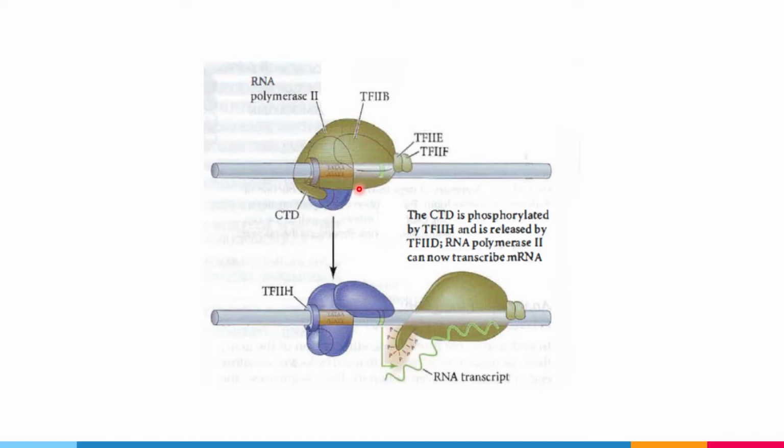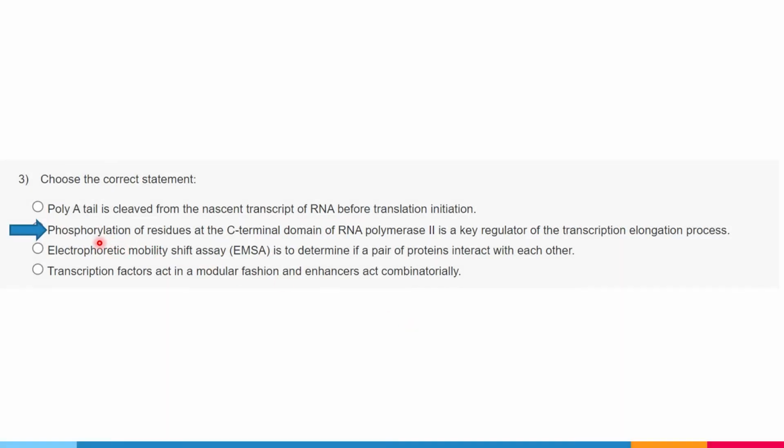As in a race, the runner was ready and in position to run, and this was the start signal which allows it to go ahead and start the run, and now the elongation phase will start. Thus every one of you is correct: phosphorylation of residues at the C-terminal domain of RNA polymerase 2 is a key regulator of the transcription elongation process.